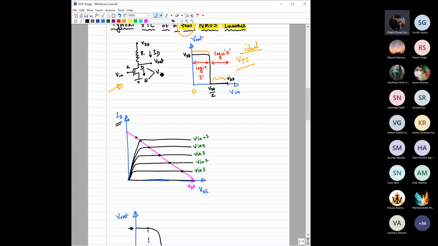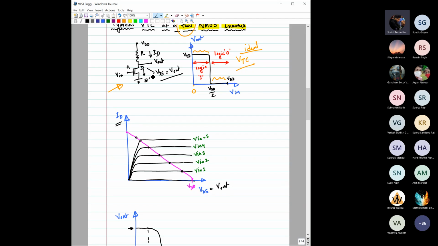And here you can see VDS is nothing but V out. So let us write that VDS is equal to V out. We are basically plotting ID versus VDS, which is equal to V out.